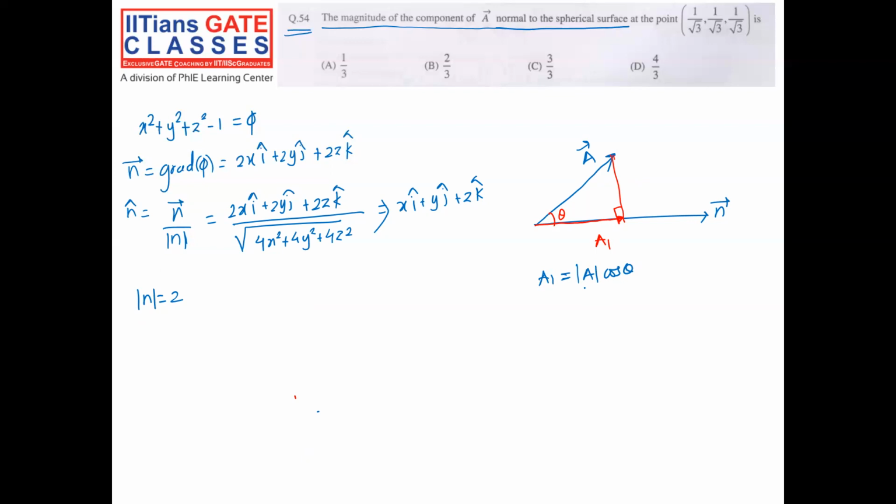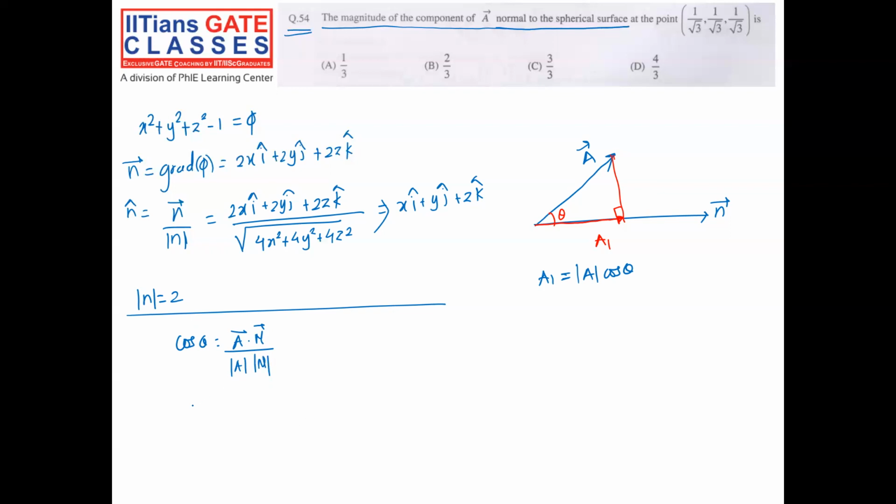And we also know that cos of theta is equal to a bar dot b bar divided by mod of a into mod of b, where theta is the angle between these two vectors. Here we are talking about a bar and n bar, so let's write it as a bar and n bar to make it more realistic with this problem.